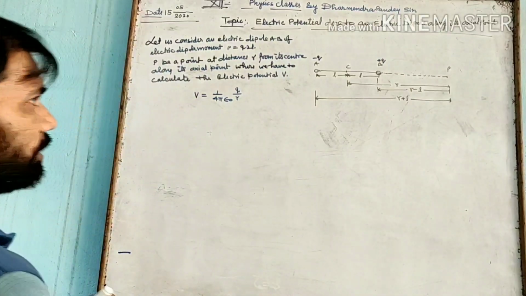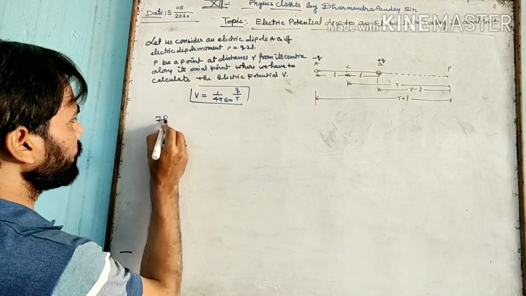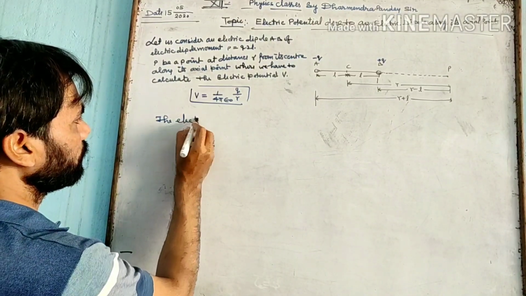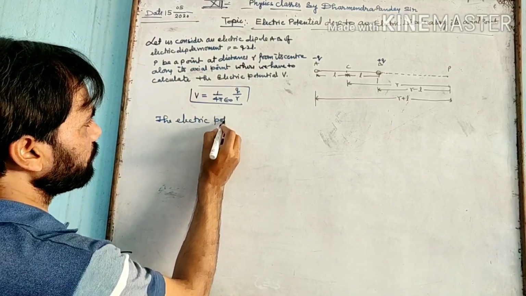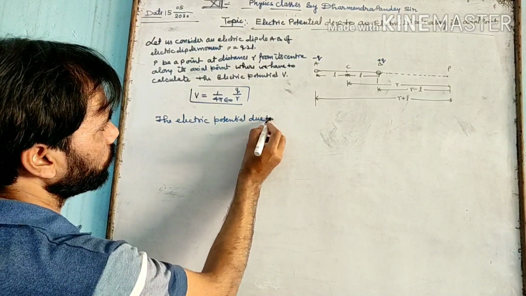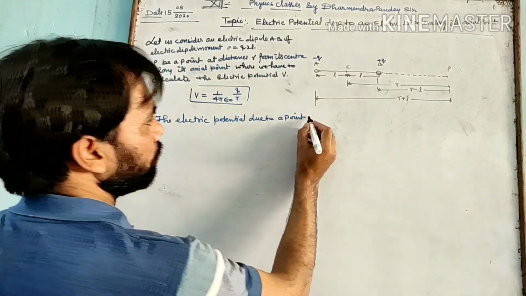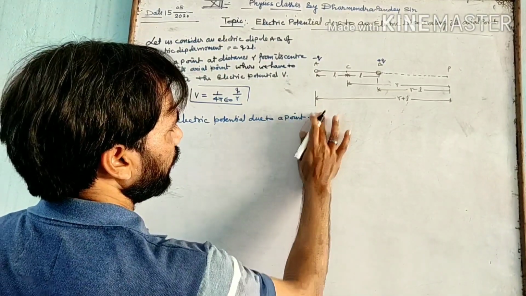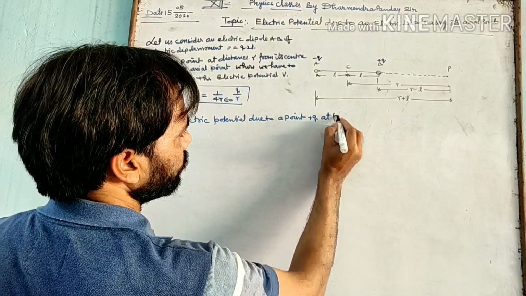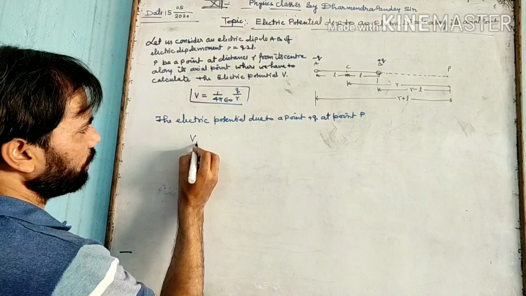Okay, let us calculate it. The electric potential due to a point charge plus q at point P, let this be V1.